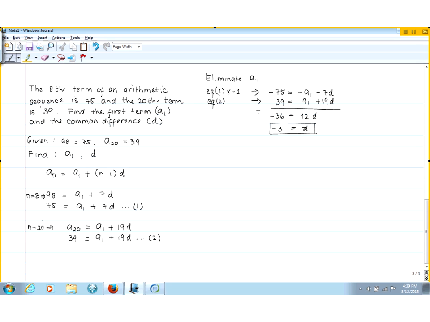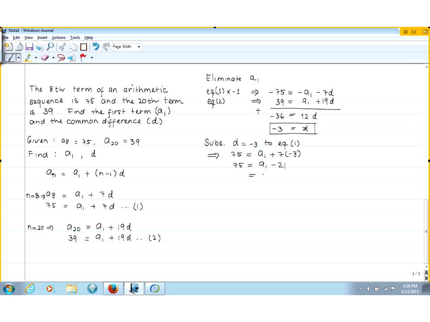Okay. Now, once we get the D, then we should just substitute into equation 1 or equation 2, and we will get the exact same answer. Substitute D equals -3 into equation 1. So we have 75 is equal to A1 plus 7 times -3.